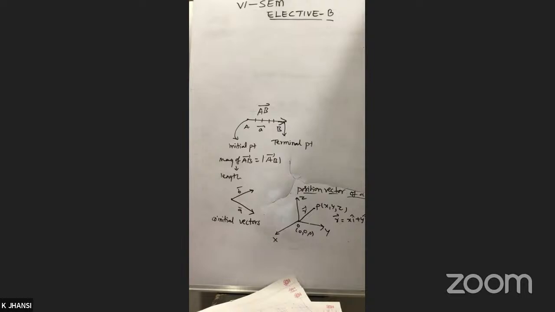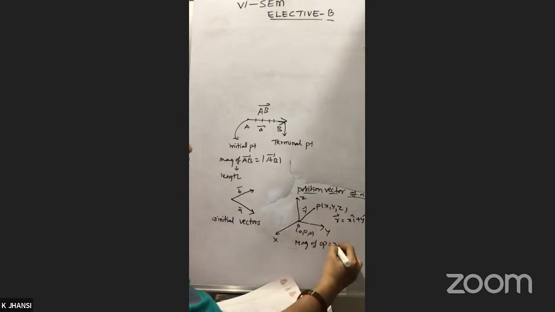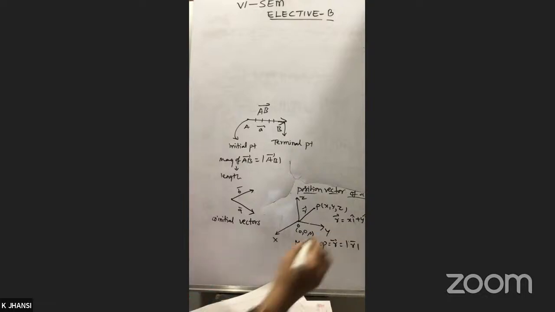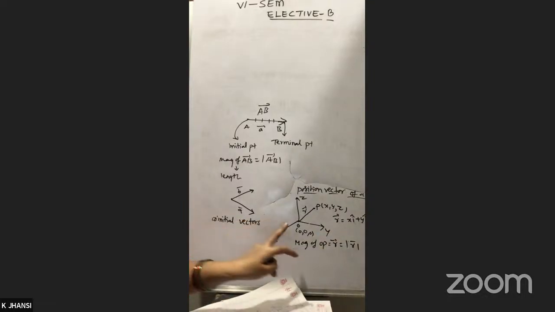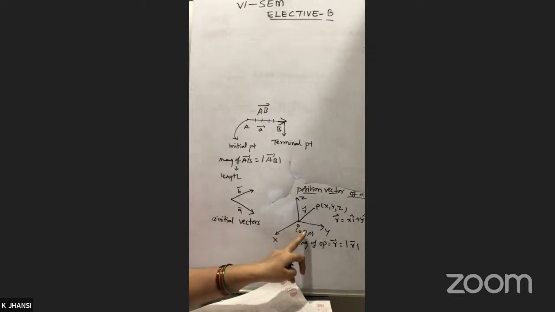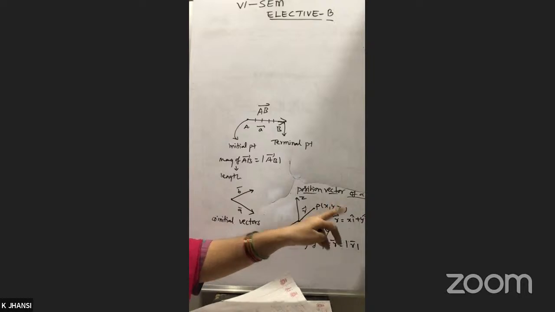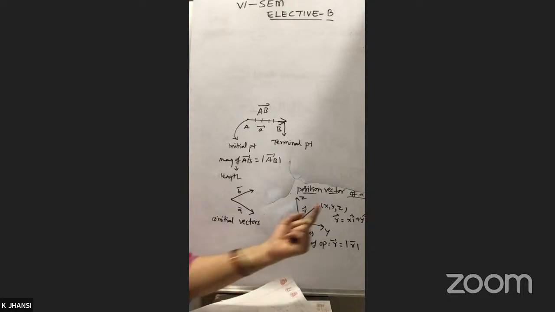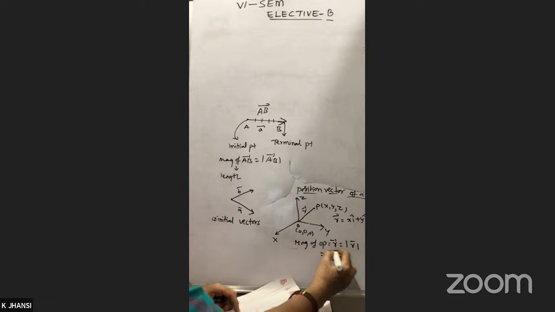And the magnitude of OP, whatever this OP is, if you find the magnitude of this, OP is equal to vector R, so we can call it magnitude of R. The coordinates of O are 0, 0, 0 and P is X, Y, Z. When we find the distance between O and P, that is P minus O, we get the square root of x square plus y square plus z square.